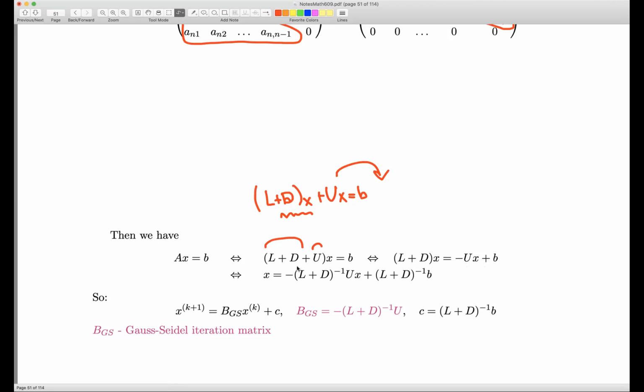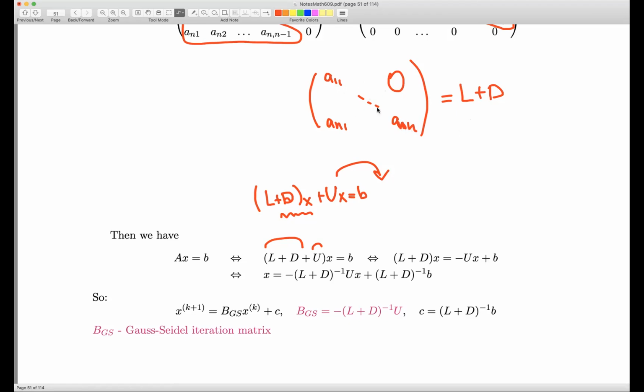And again, the matrix L plus D here is now actually a lower triangular matrix. This will be A11 and so on, A1n, and here we'll have AN1 through ANN, and everywhere above is 0. So this will be the matrix L plus D. This matrix will also be an invertible matrix because the elements on the main diagonal are different from 0.